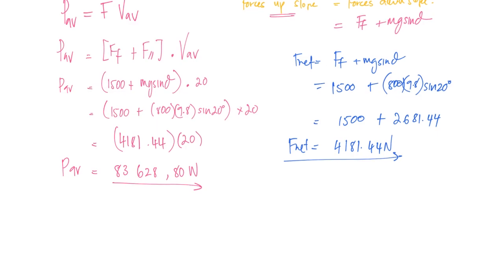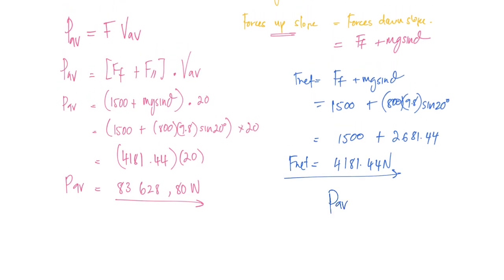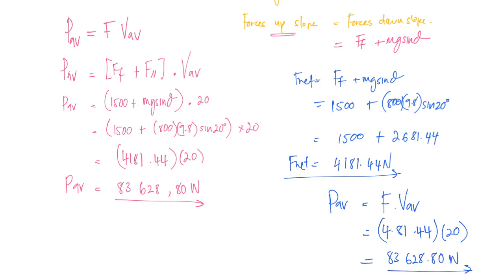You would have taken that value and said P average is equal to F V average, with 4181.44 multiplied by 20. And that would have given you 83,628.80 watts. So you could do it all at once like this, or you could have done it separately and you still would have gotten the same answer. If you're comfortable working separately, more than welcome to do that for these types of questions.